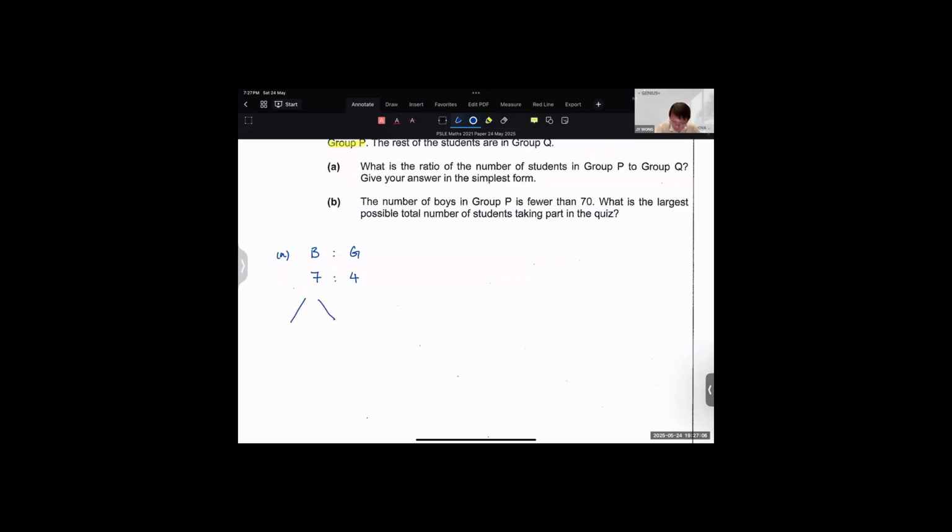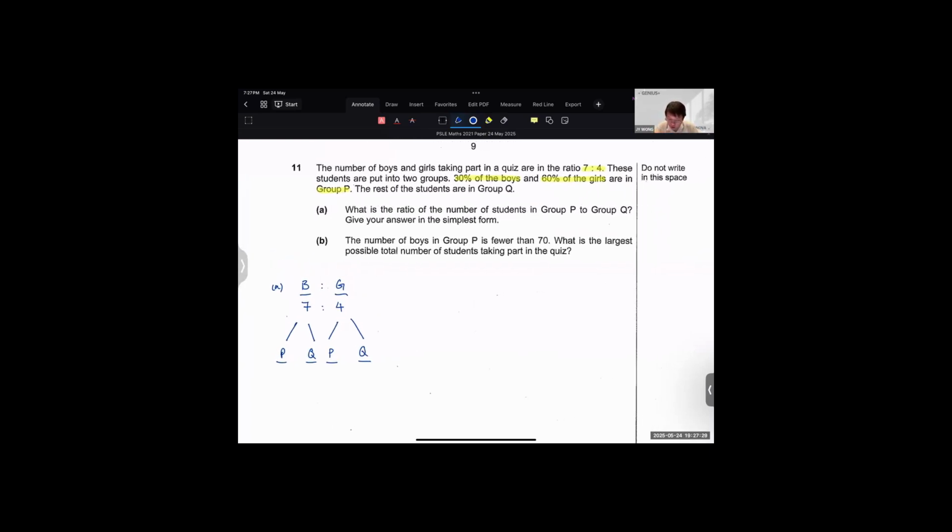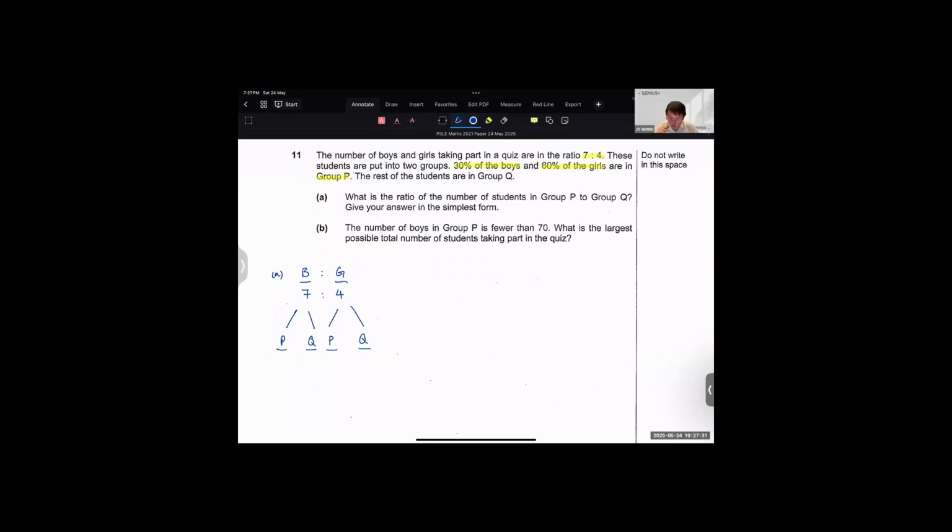We split the boys into P and Q, right? But we also split the girls into P and Q. What do we know about the boys who went to P? 30% of the boys went to P, right?